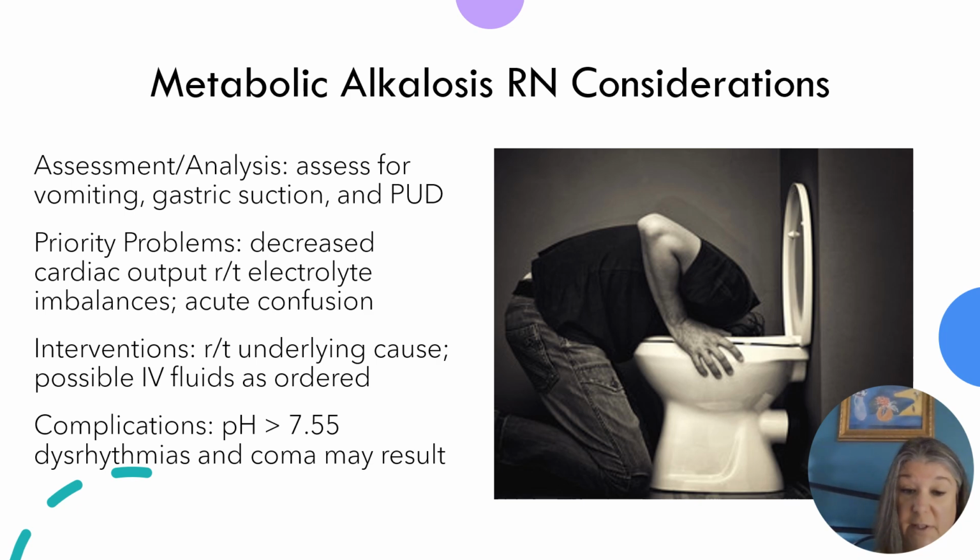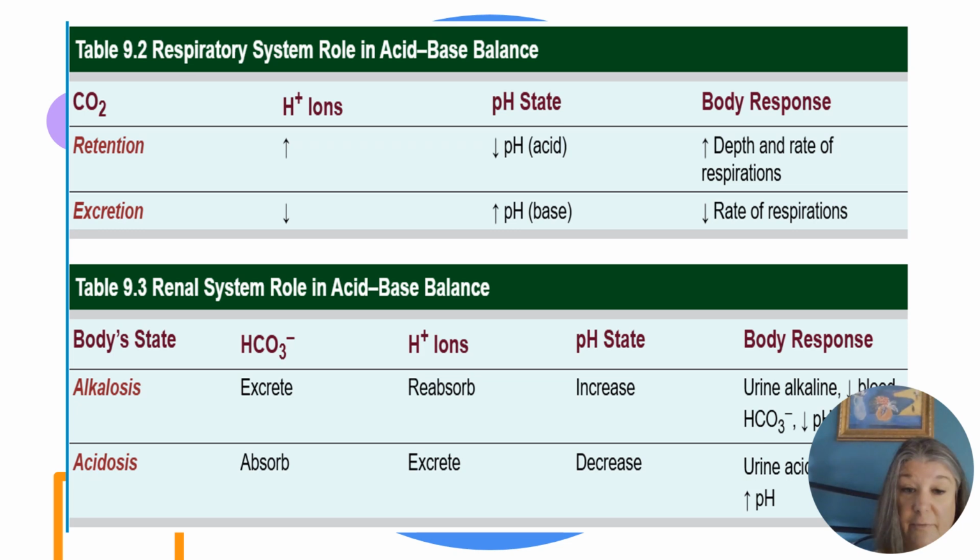Safety, right? We want to think safety. So interventions related to underlying cause, maybe IV fluids. Complications, don't forget our pH levels and dysrhythmias and comas, problems related to that acid being off.